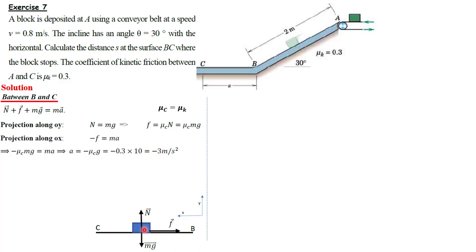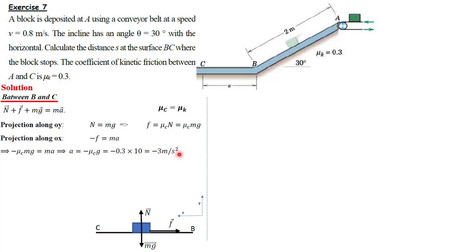F is opposing the motion, so the acceleration is negative. But here, there's something very important to notice. The acceleration has a constant value.